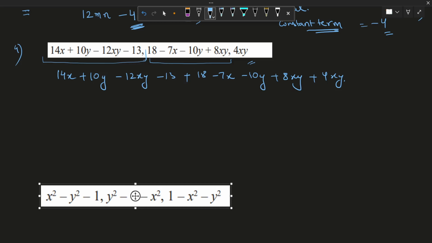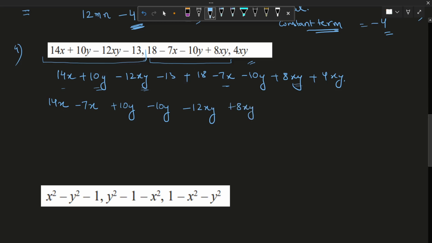Like terms, x term: is there any x term in the expression? It's here, minus 7x. Any y term in the expression? Minus 10y. Only y I have to take. Then the xy terms in the expression, you have 2 plus 8xy plus 4xy, correct? And constant terms only minus 13 plus 18.